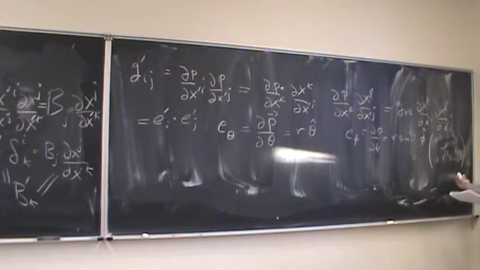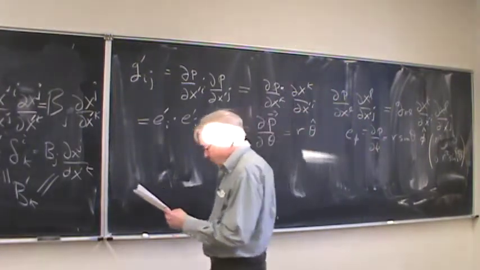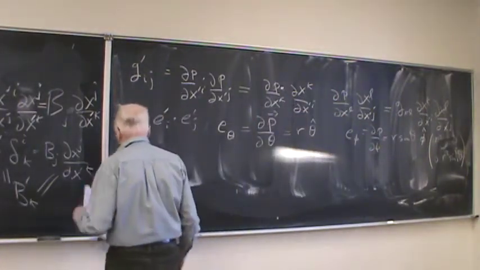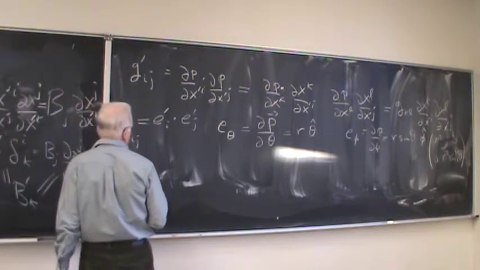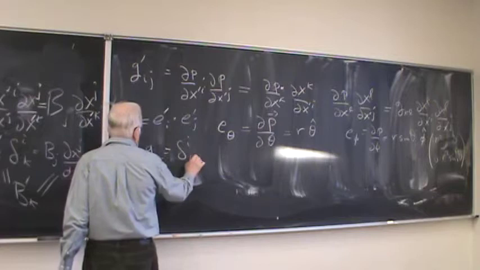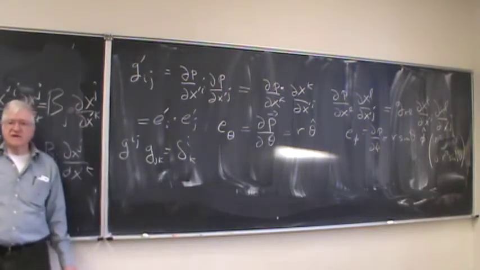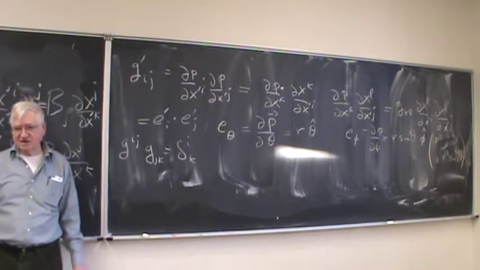The contravariant metric tensor, well, what is that? First of all, what is the inverse of the metric tensor? G upper ij is simply defined such that g upper ij g lower jk equals delta i k. So the second rank contravariant metric tensor is just defined to be the inverse of the metric tensor.